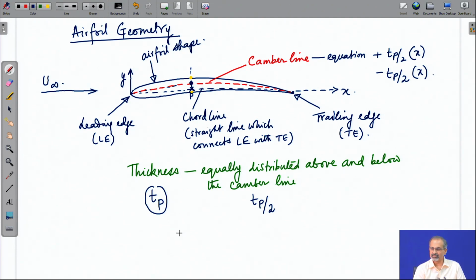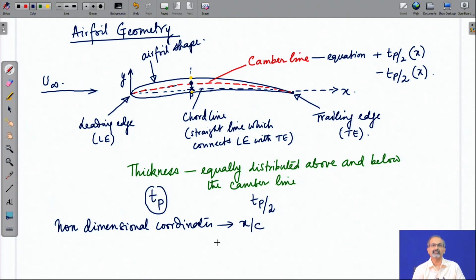Most often, instead of using dimensional coordinates, we would like to use non-dimensional coordinates in the form of x by c as we move along the chord. So, the x by c corresponding to leading edge would be 0 and that at the trailing edge would be 1. That means, x by c can vary from 0 to 1. You would have a decimal value of any point lying between leading edge and trailing edge accordingly.